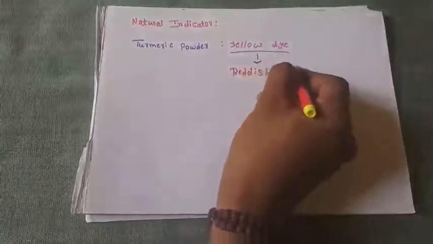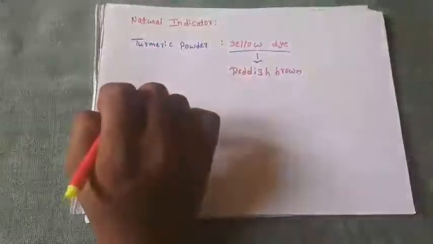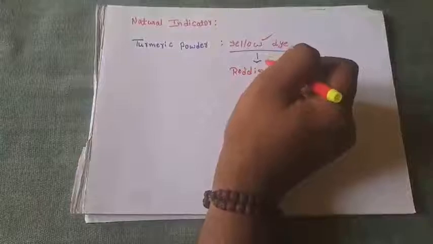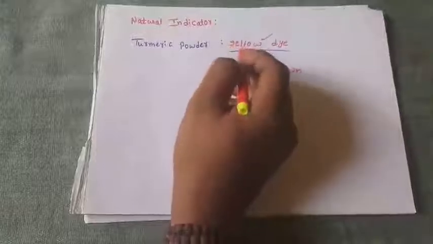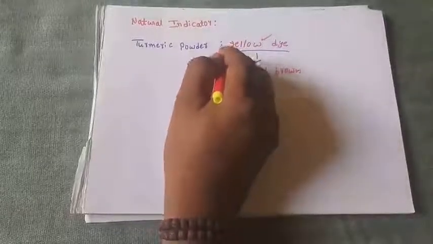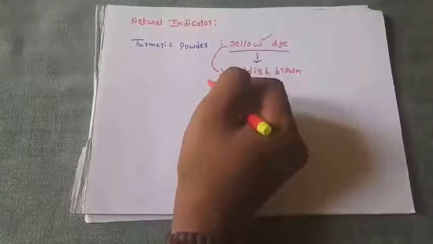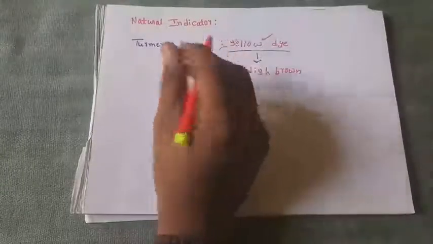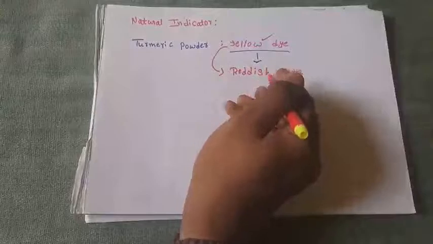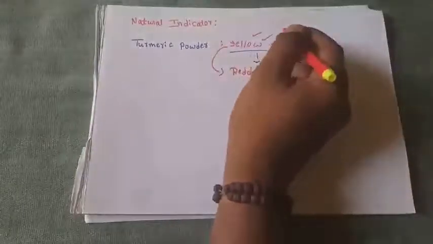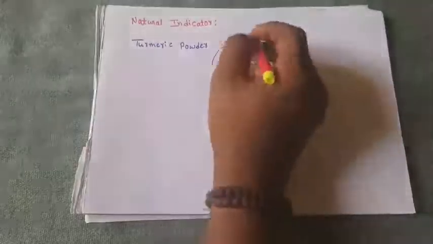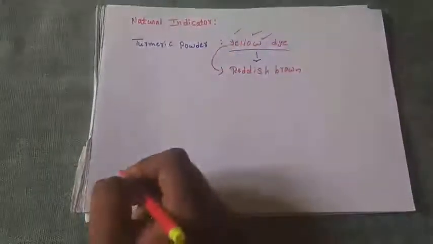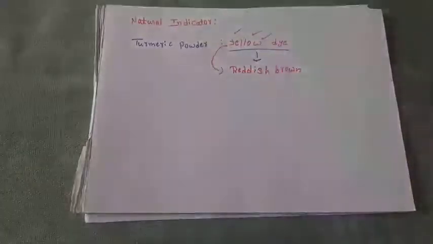It is present in yellow color, but when you add a base to this turmeric powder, if it turns to reddish brown, then the given substance is base. If it does not turn to reddish brown, if it stays yellow, then the given substance is acid. Because of that, in acidic medium the turmeric powder is present in yellow color, but in basic medium the turmeric powder is present in reddish brown color.